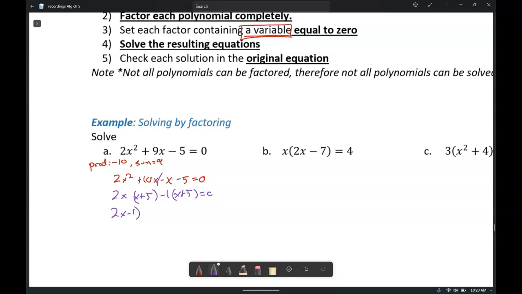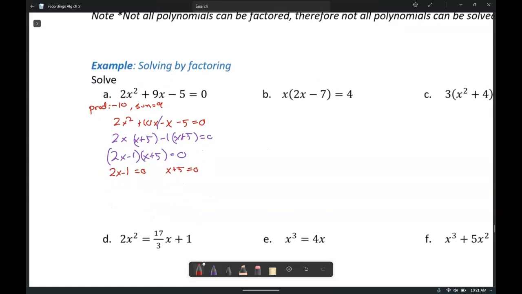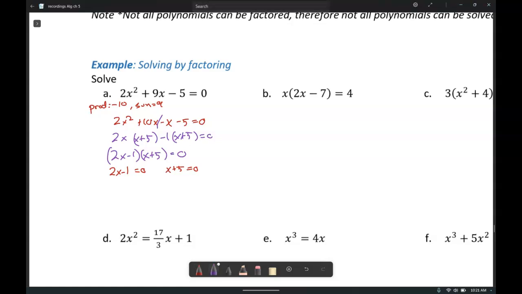So we're left with 2x minus 1 and x plus 5. Set both factors equal to 0, now that it's factored. And then we use our addition property and our multiplication property of equality in order to solve. So we have our two solutions, 1/2 and -5.